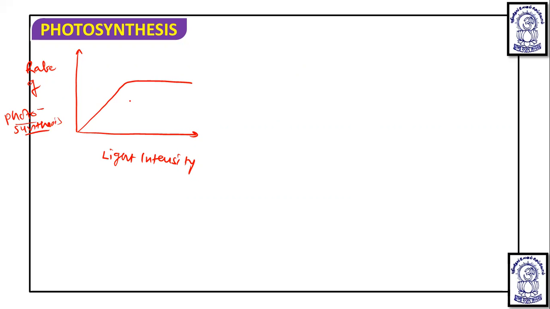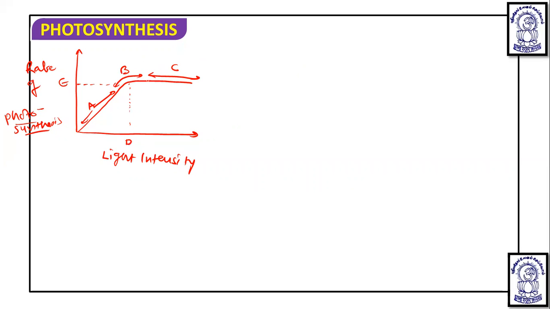This is labeled as A, this is labeled as B, and this is labeled as C. Here this point is labeled as E, and this point is labeled as D. We are showing here that at low light intensity the rate of photosynthesis is high, but at high light intensity it becomes lower.